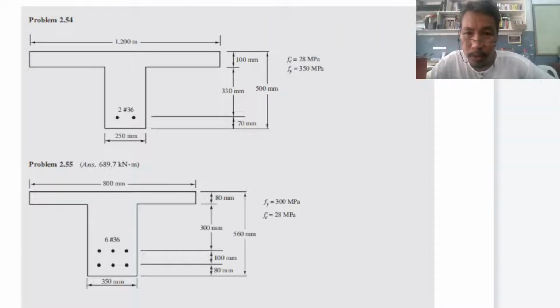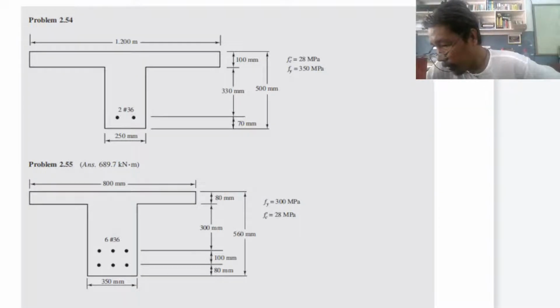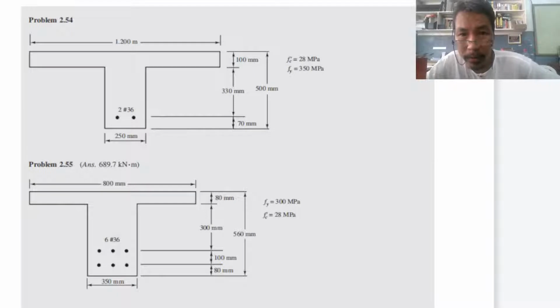There are two types of uniform stress, because we have the stress on the flange and stress on the web. They do not have the same magnitude, or the same dimension.